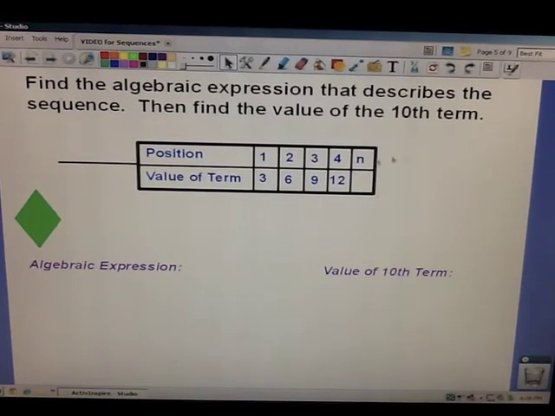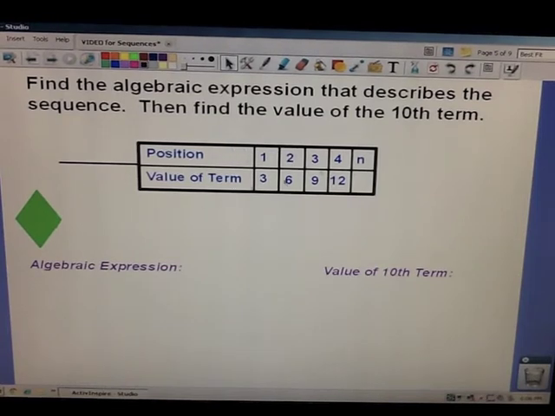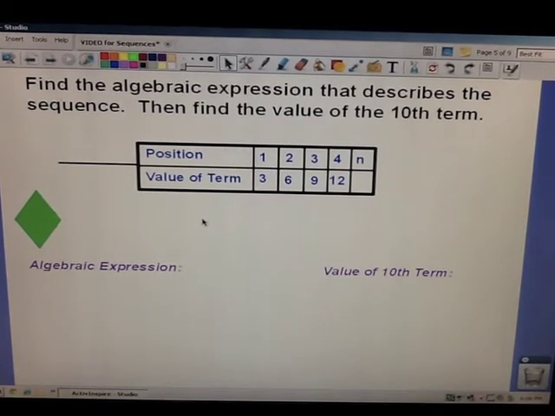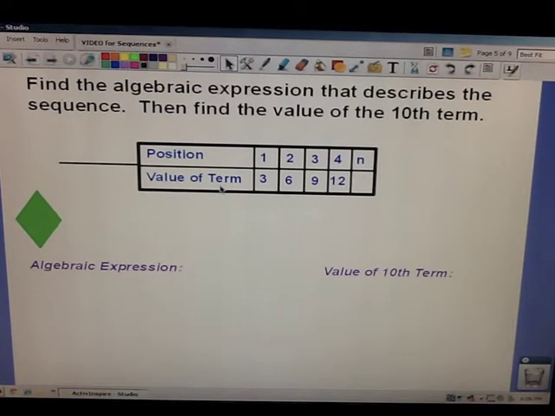Before we actually find the algebraic expression or rule for this sequence, let's go ahead and talk about the table itself. If you'll notice, there are 2 rows in our table. There's the position and there's the value of term. The value of term represents the actual sequence, the terms in the sequence.